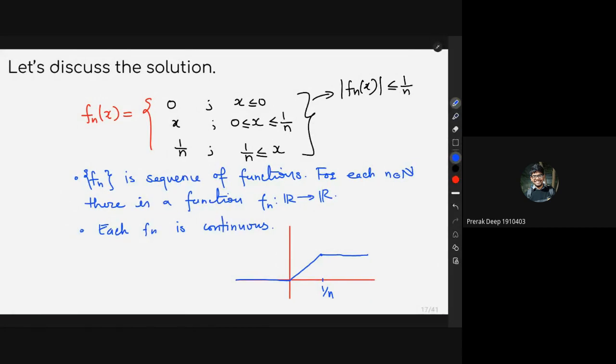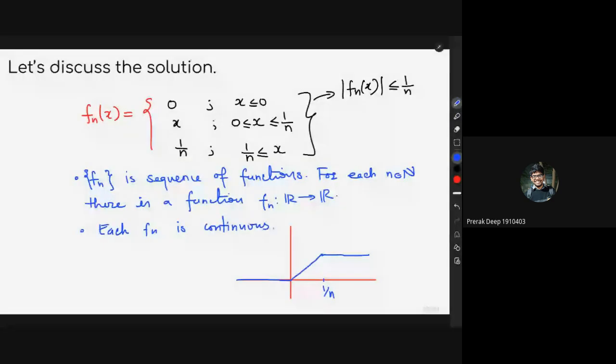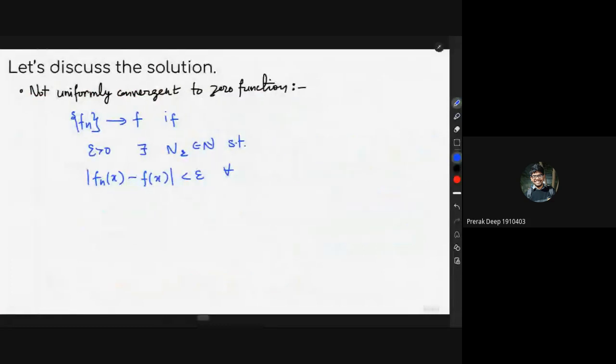Because in this case, this is actually pointwise convergent to zero, as well as uniformly convergent. So let me first write down the definition of uniform convergence, then I will say what is the mistake that I have made, that I have started with the wrong example to work with.